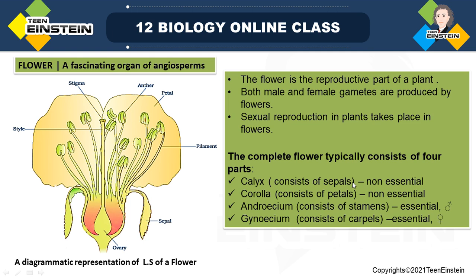Calyx means sepals. Corolla means petals, and calyx and corolla are the non-essential whorls of a flower. Next is androecium. Androecium consists of stamen and gynoecium consists of carpel. Androecium and gynoecium are the essential whorls of a flower. Without androecium and gynoecium, sexual reproduction is not possible, it won't take place. So these are the essential whorls of a flower.